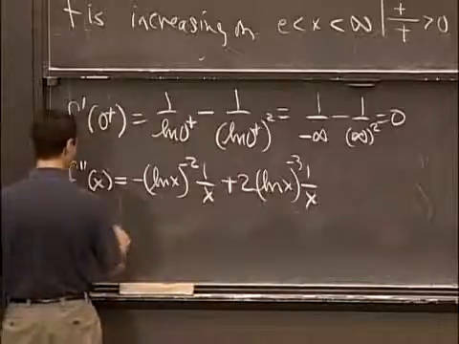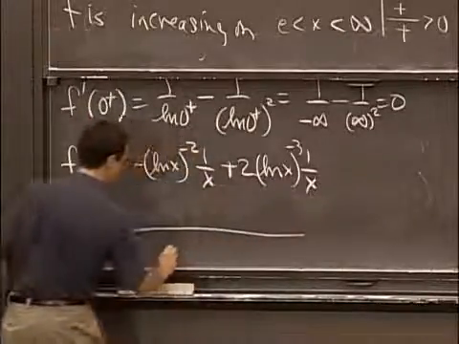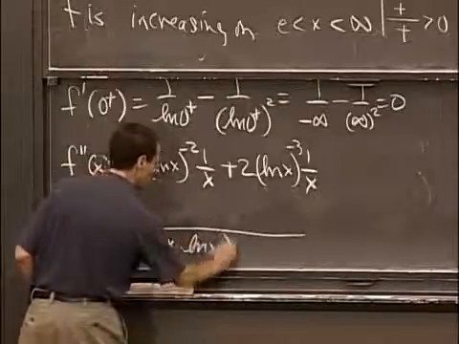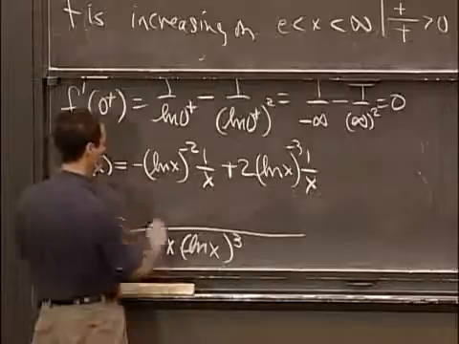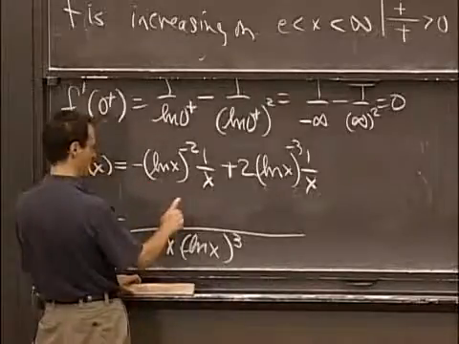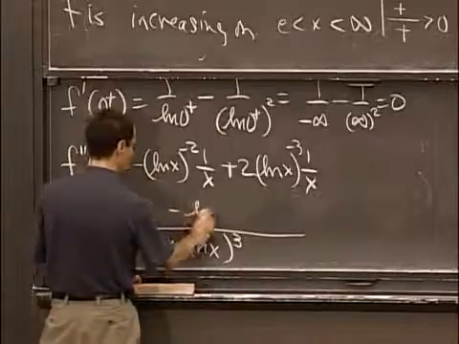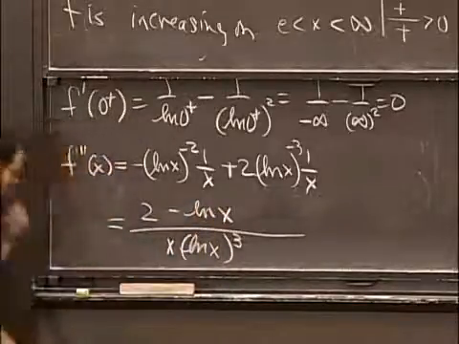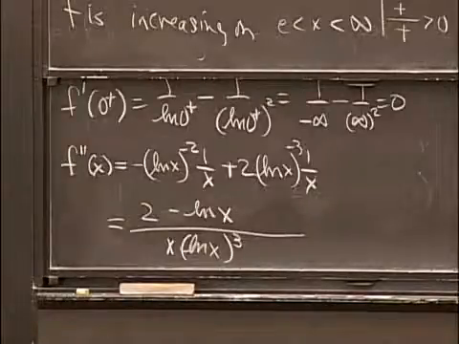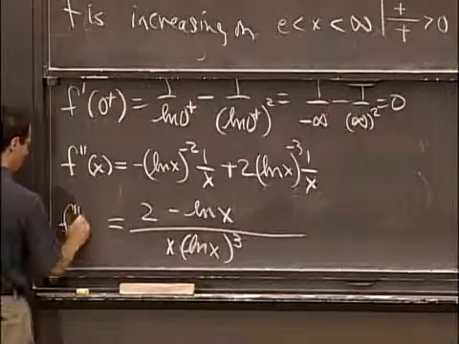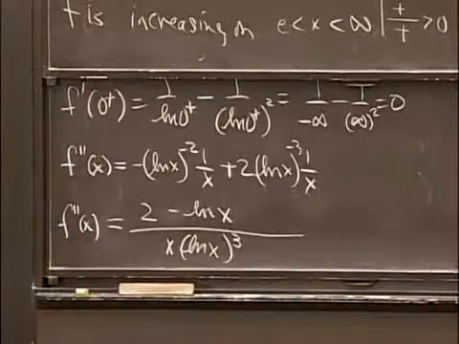And that, if I put it over a common denominator, is x log x cubed times, let's see here, I guess I'll take the 2 minus log x. Okay? So I've now rewritten the formula for the second derivative as a ratio.